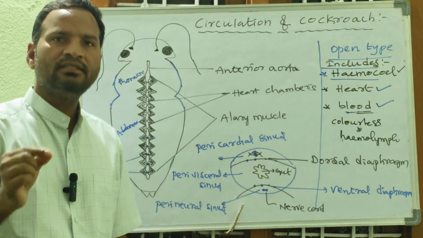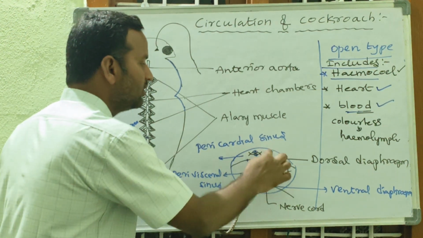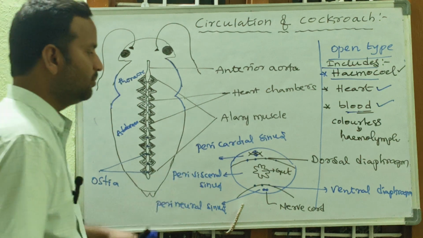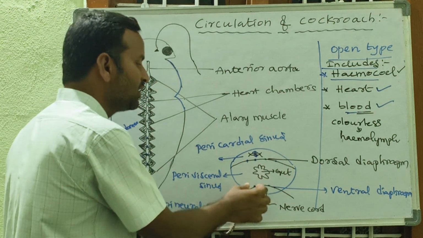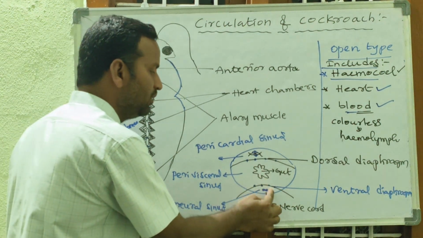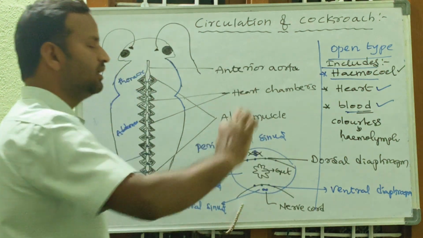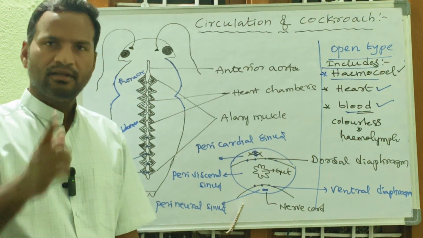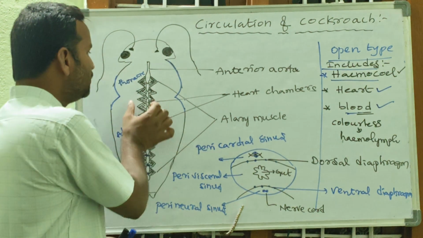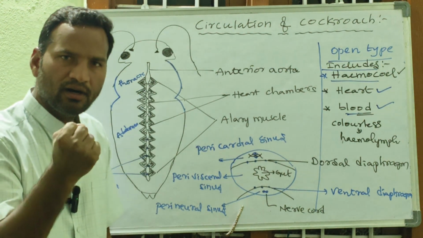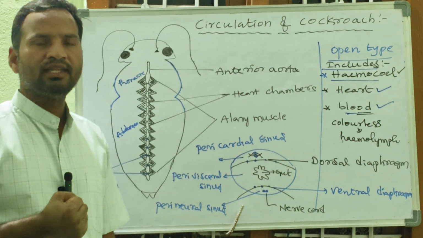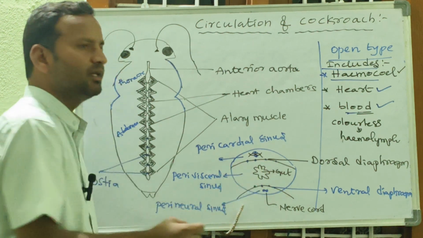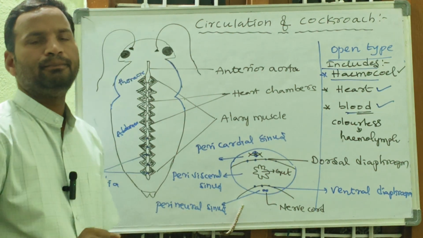When the volume of the pericardial sinus increases, what will happen? The blood from the perivisceral sinus and perineural sinus flows into the pericardial sinus. Then, due to relaxation of the alary muscles, the dorsal diaphragm is pushed up.